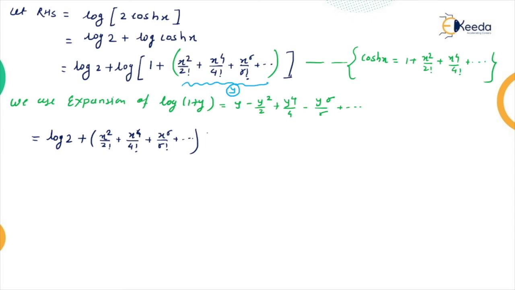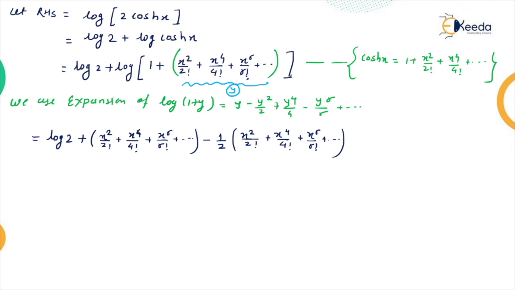This is simply y minus y squared divided by 2. Therefore I am writing this 1 by 2 here, and y squared means x squared divided by 2 factorial plus x raised to 4 divided by 4 factorial plus x raised to 6 divided by 6 factorial plus and so on.